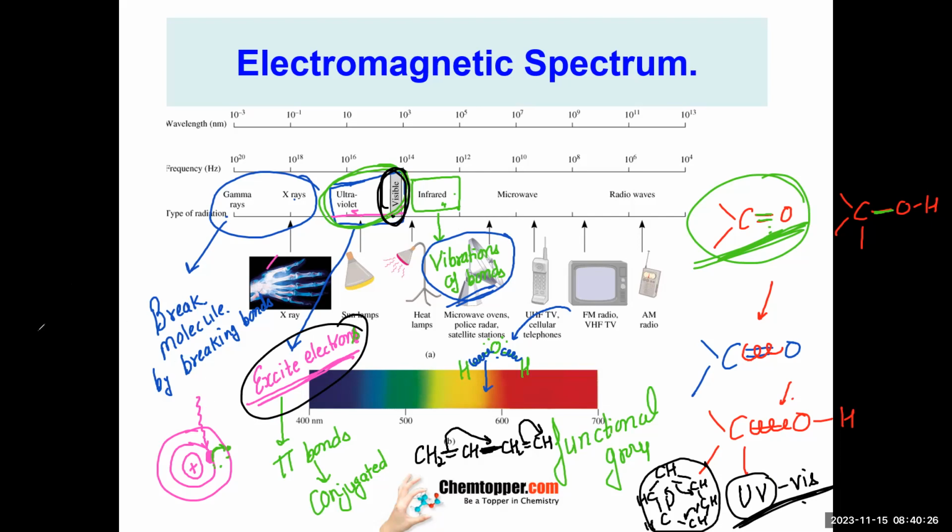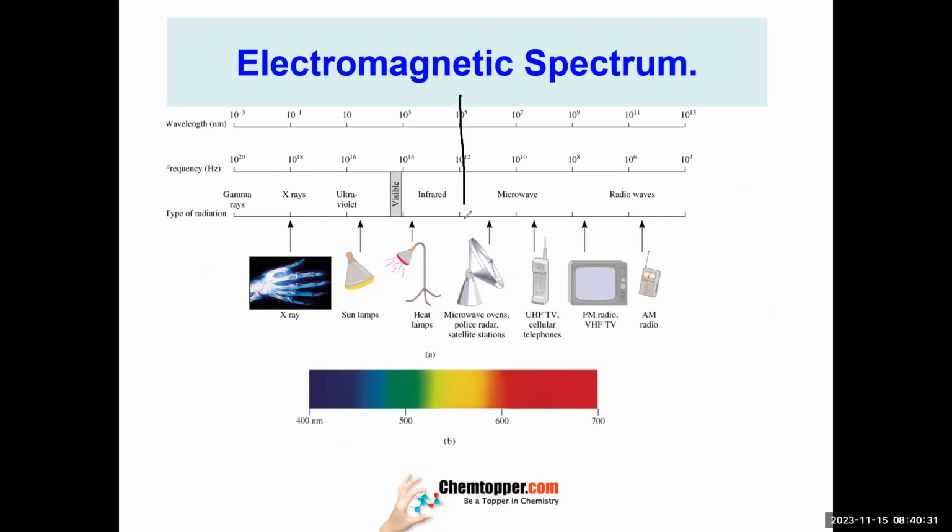So, asking questions just for a review. We have done up to IR. Can you tell me what gamma rays and X-rays can do when they fall on a molecule? What can they do, children? Write down. I'm showing you once more. Yes, breaking bonds. See what Azuni is writing.